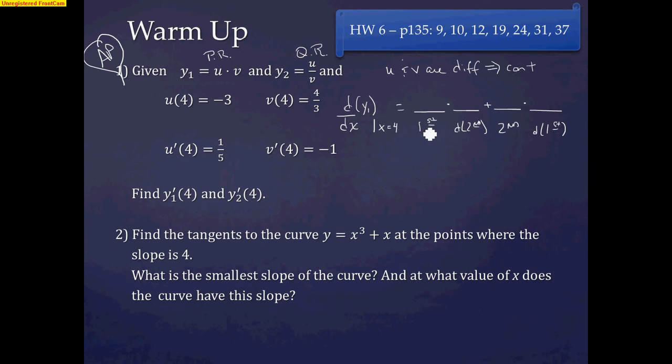So the first function at 4 is u. The derivative of the second function v at 4 is -1, plus the second function at 4 is 4/3, times the derivative of the first function u at 4, which is 1/5. Now you've done the product rule. If this is not multiple choice, you have to get credit for part of this because you've done the product rule.